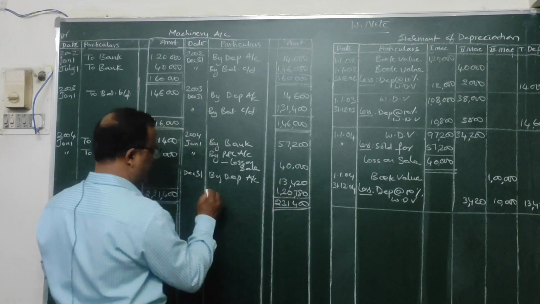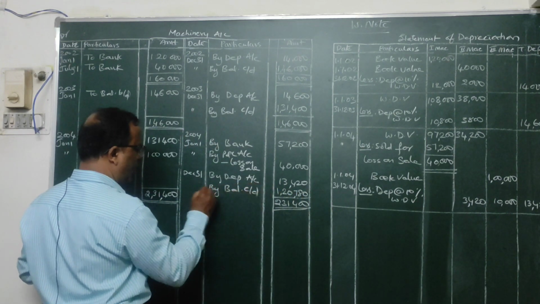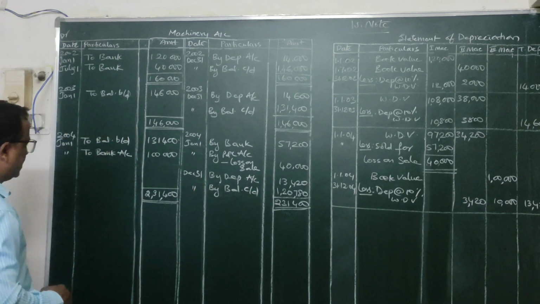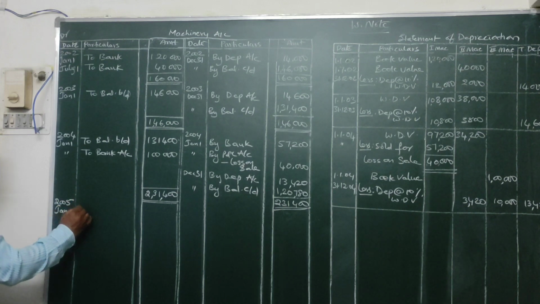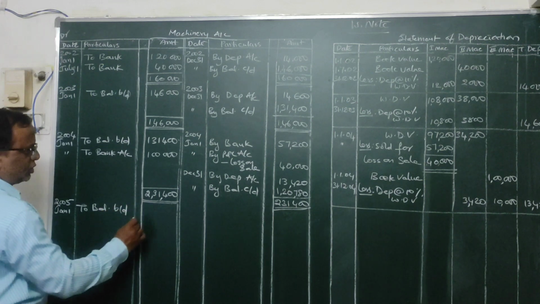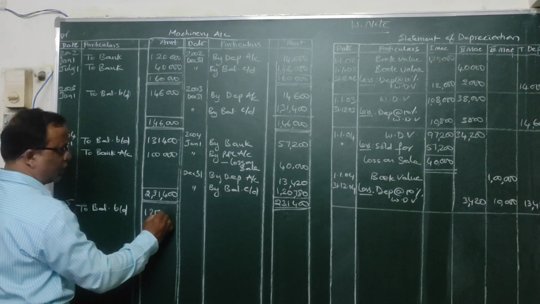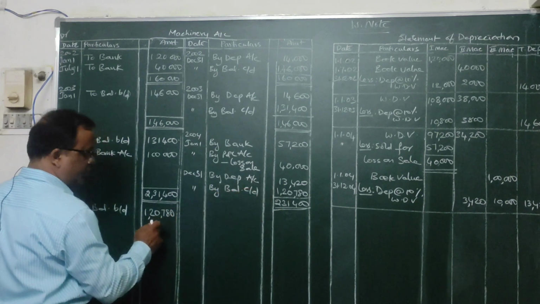This will be the balance on this particular day, which is nothing but the balance carried down, which will become the balance brought down on 1st January 2005. It will be 1,20,780. This will be the balance brought down.